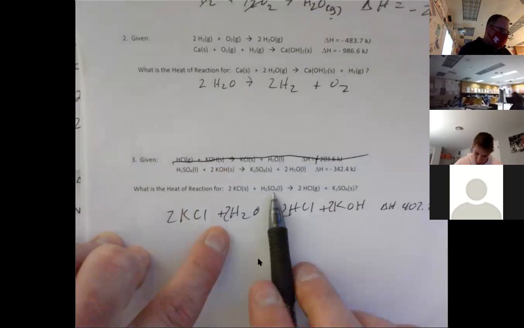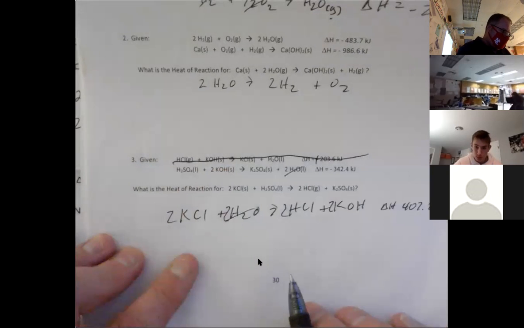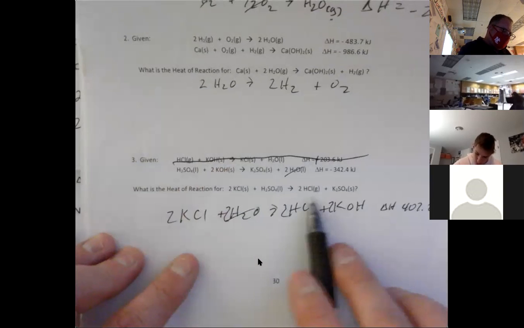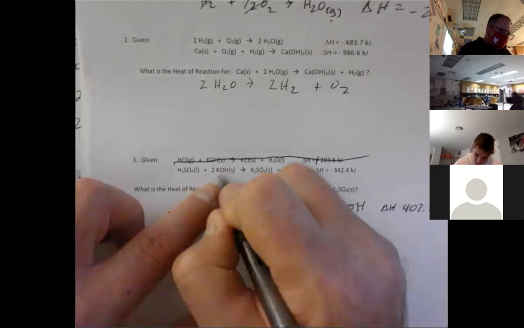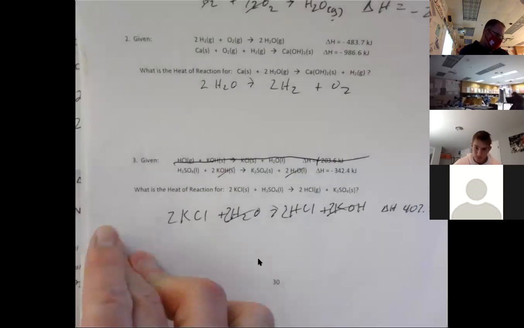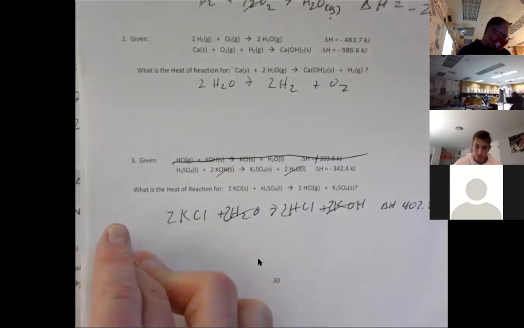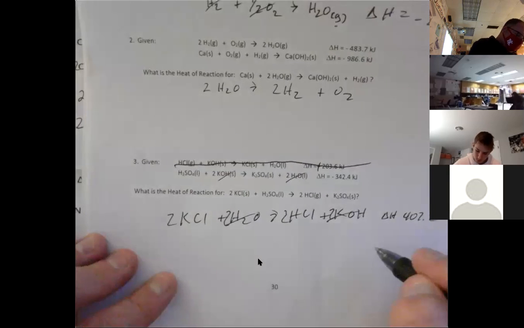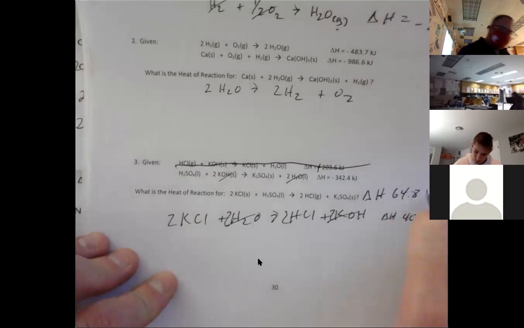H2O is not seen within this. Here we have 2 H2O. KOH is not seen as a product. Here we have 2 KOH. So we don't do anything to this negative 342.4. Negative 342.4 plus 407.2. It's 64.8. The delta H of this reaction is 64.8 kilojoules.